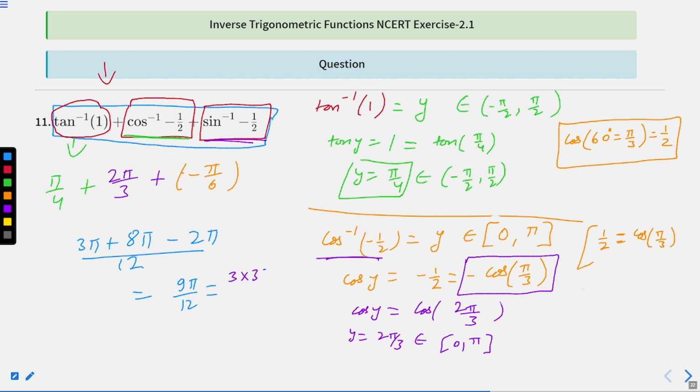As we know, 3 times 3 pi by 4 times 3, we can cancel the common term. What will be left? Just 3 pi by 4. So the final answer for this question will be what? 3 pi by 4. Okay, I hope that you got the answer correct.